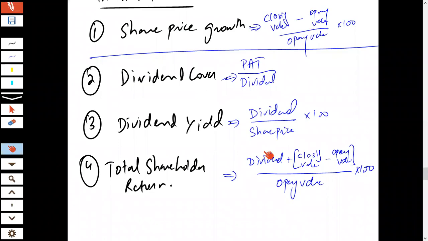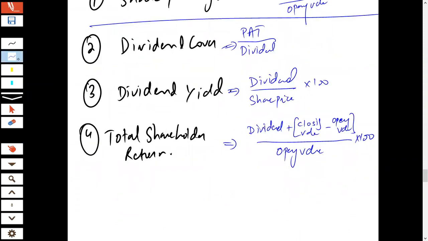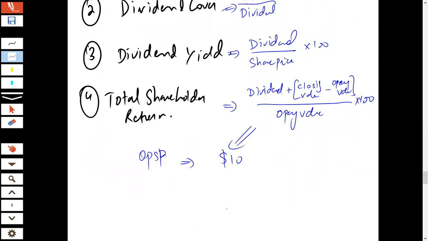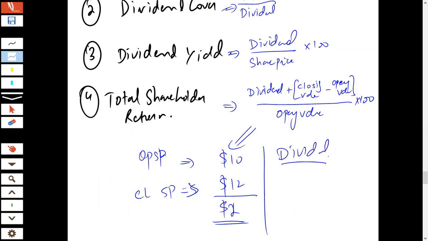Sajid, let me explain what the total shareholder return actually means through an example. For example, the opening share price was $10. The closing share price is $12. Assume there is a dividend of $1 that has been paid.